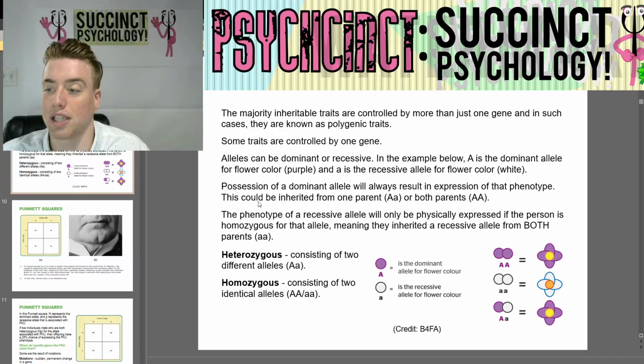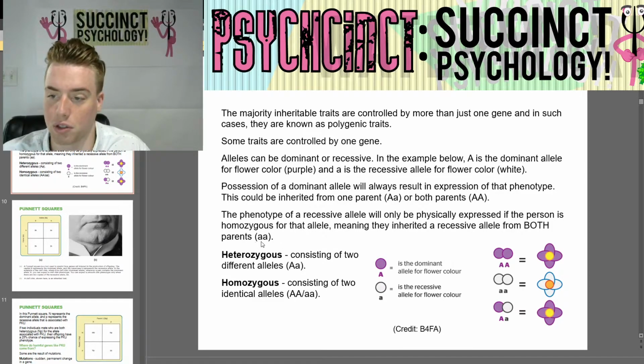Possession of a dominant allele will always result in expression of that phenotype. This could be inherited from one parent, so here you have dominant, recessive, capital A, lowercase a, or both parents, so two dominant alleles. The phenotype of a recessive allele will only be physically expressed if the person is homozygous for that allele, meaning they inherited a recessive allele from both parents.